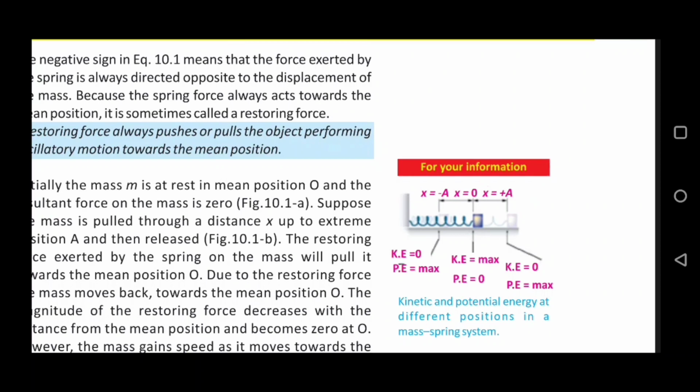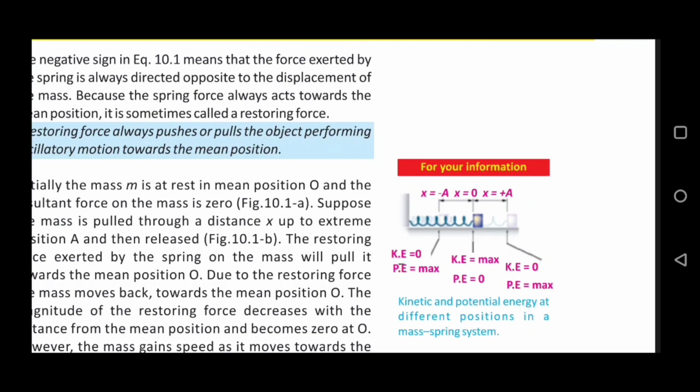Kinetic energy is maximum at the mean position O. Due to the maximum velocity, kinetic energy is maximum in this case. In this system, kinetic energy will be converted into potential energy, and potential energy will be converted into kinetic energy. But we can't say that kinetic energy or potential energy is created or destroyed; rather, it is a conversion within this system.